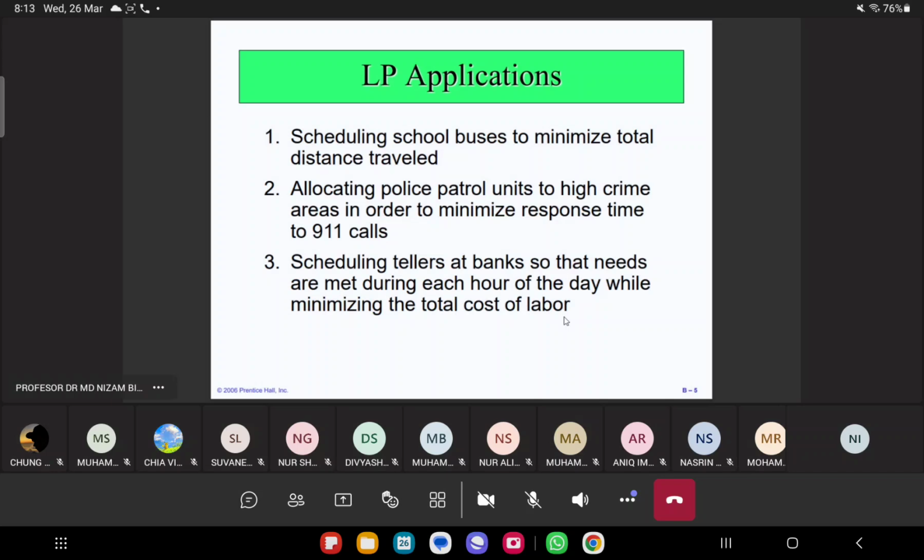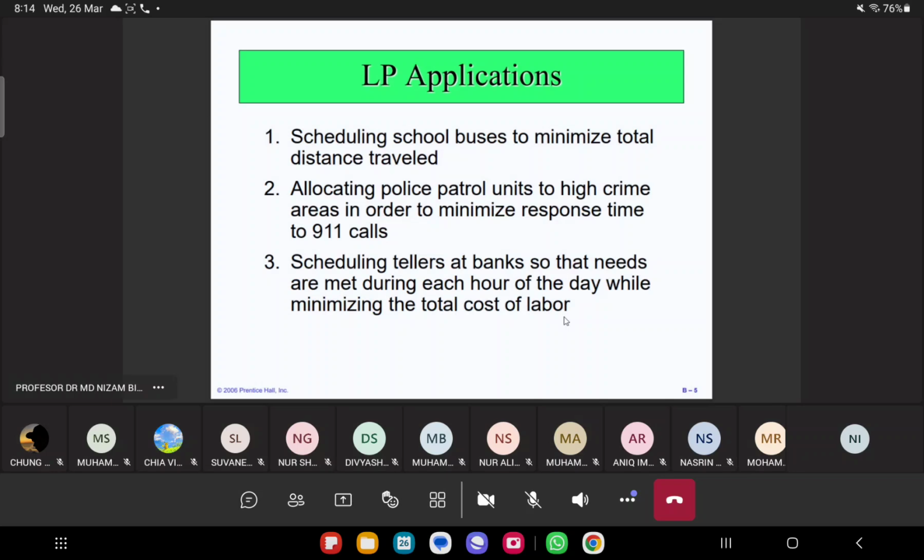Because if you go to the bank, the number of tellers, the number of service windows, sometimes varies at different times. The reason is that they have a history of what time is a busy time and what time is not so busy. Because of that, they can decide how many tellers to open at what time, so that they can minimize the cost of labor.